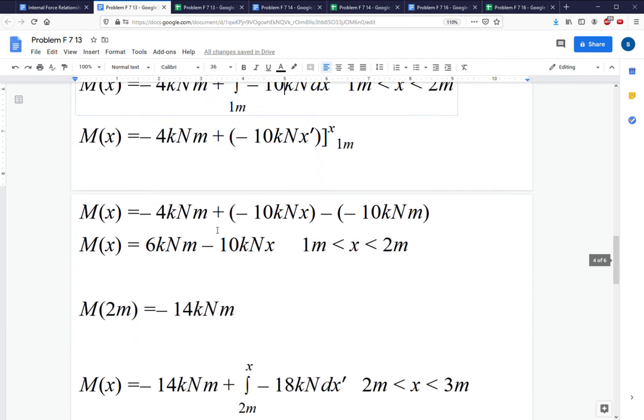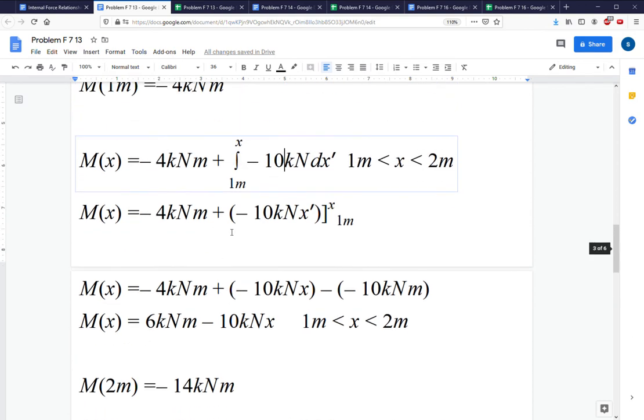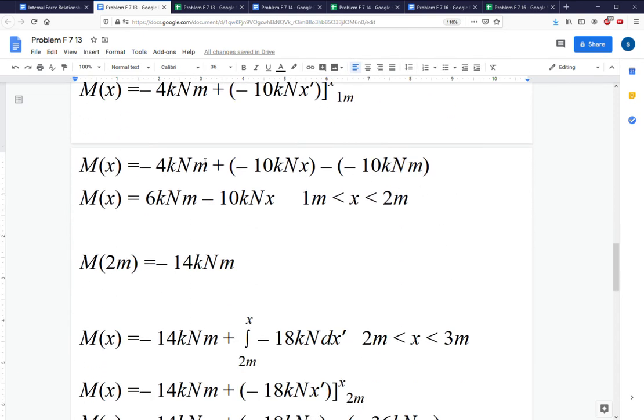So -4 kilonewton meters plus we plug in x for here, -10 kilonewtons x. Then we plug in 1 meter and subtract it. And the net result, because we can combine these two terms, is that the moment function in the beam is equal to 6 kilonewton meters minus 10 kilonewtons x, for x between 1 meter and 2 meters.